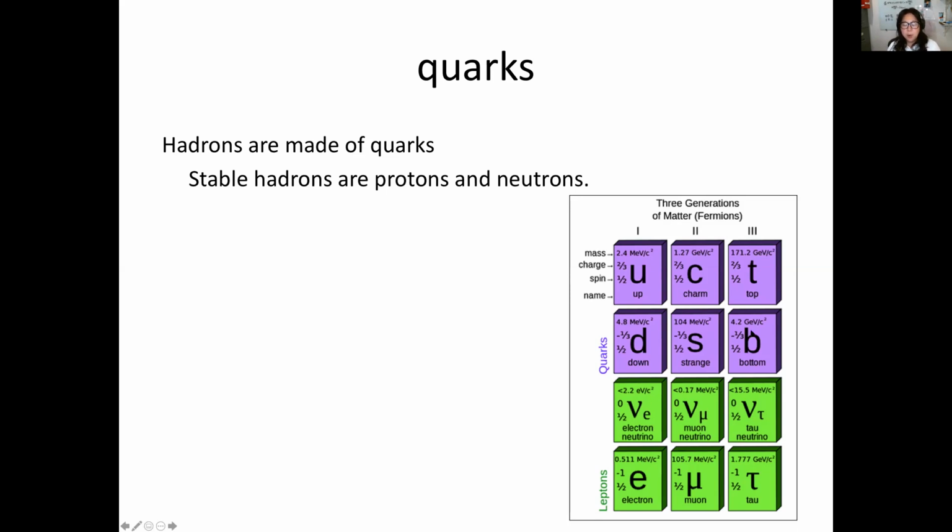You see the purple blocks; these are the quarks. And the green blocks are called leptons. And you see that electrons are part of leptons, right?